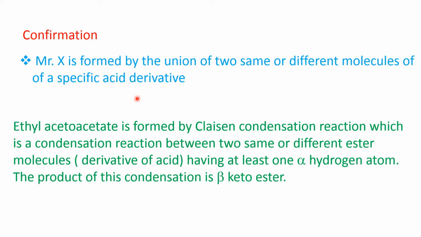Molecules may be same or different, but one condition, at least one ester must have alpha hydrogen atom. And this condensation takes place in presence of base, and the product is beta keto ester. Ethyl acetoacetate is also a beta keto ester.